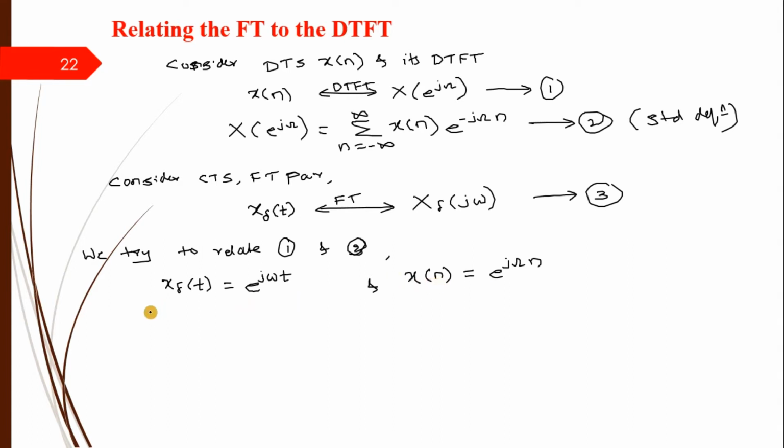To be more precise, x delta of t is a sampled signal from the original x of t. Sampled means there is a continuous signal like this, and I extract this particular information, this information, this information, after every certain time, and I build the signal like this.